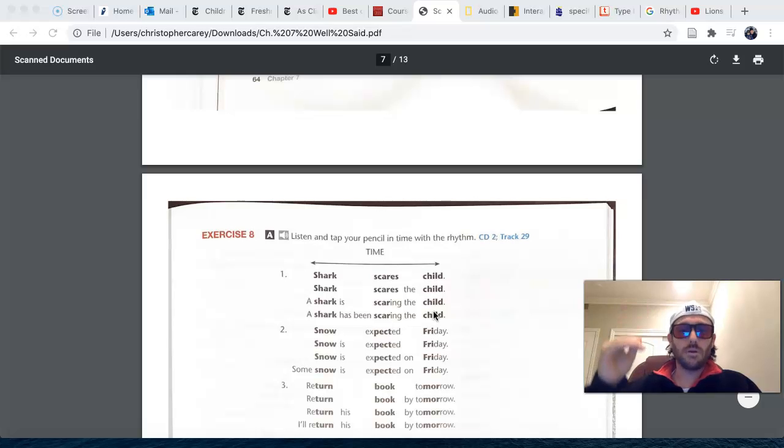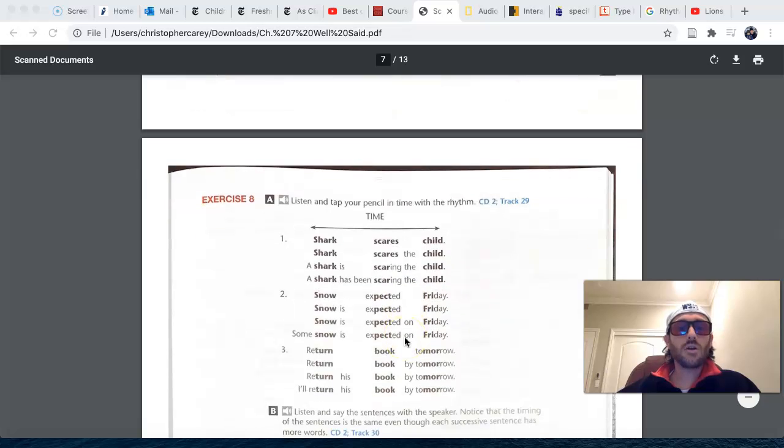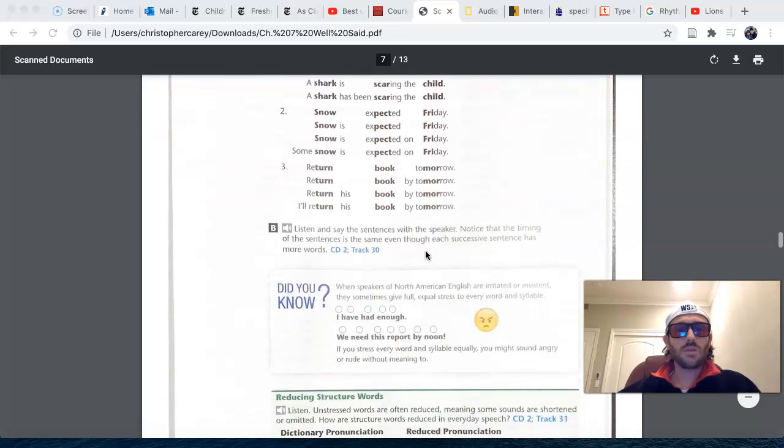Ba-ba, ba-ba, ba-ba-ba. Three beats still. A shark is scaring the child. Article, helping verb. Another article here. A shark has been scaring the child. All of these function words, none of them taking away from the pattern that exists there between strong beats.